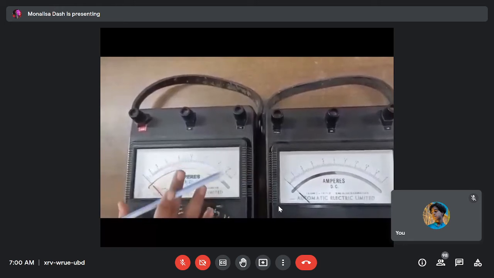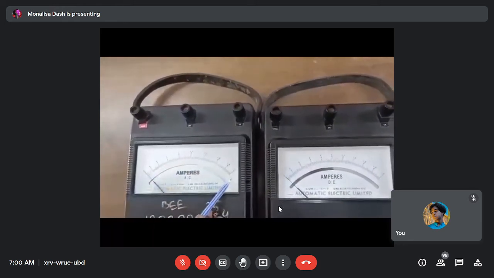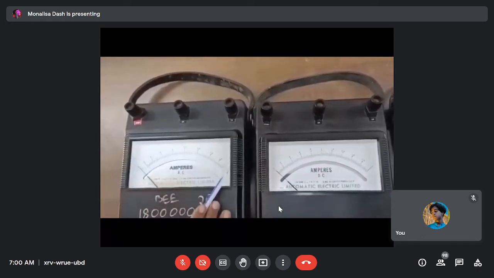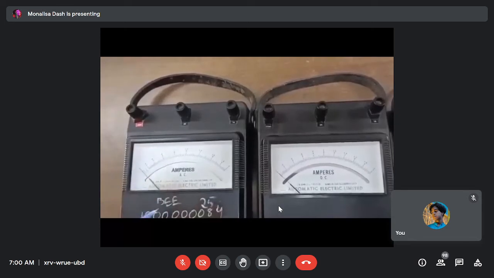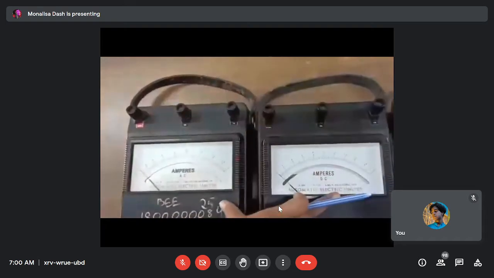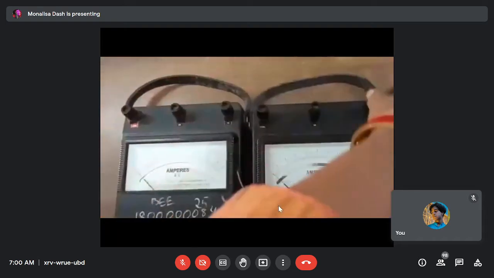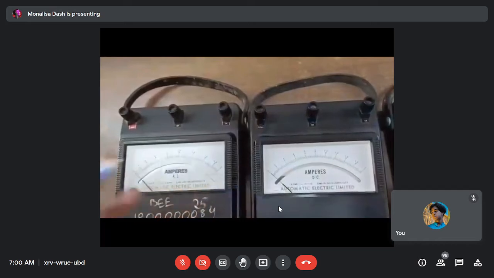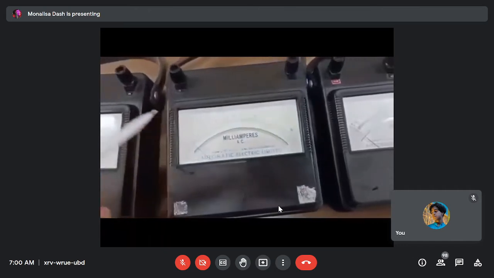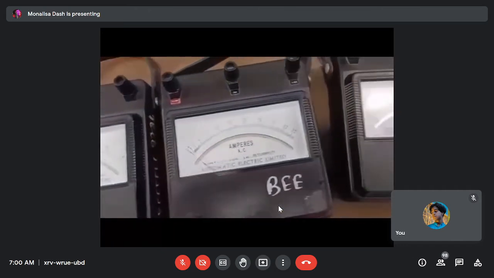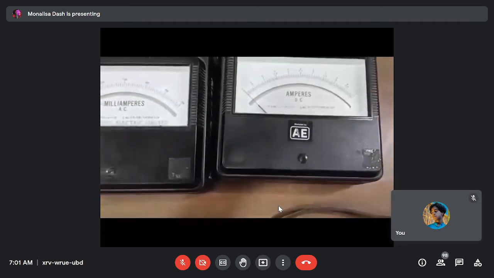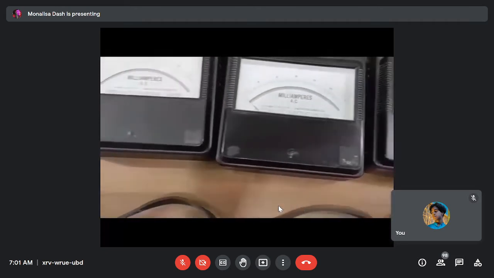If we connect the 1 ampere, you choose the lower scale. If we connect 2 ampere, we choose the upper scale. In both types of ammeter, various ranges are there. Milliammeter: 0 to 150 milliampere, 0 to 300 milliampere, 0 to 500 milliampere, 0 to 1 or 2 ampere, 0 to 2.5 or 5 ampere, like this.